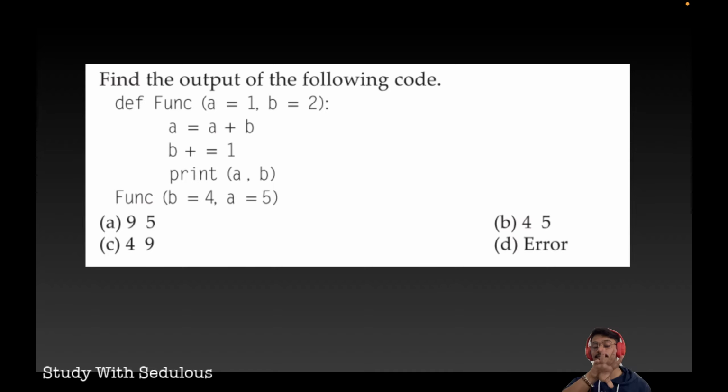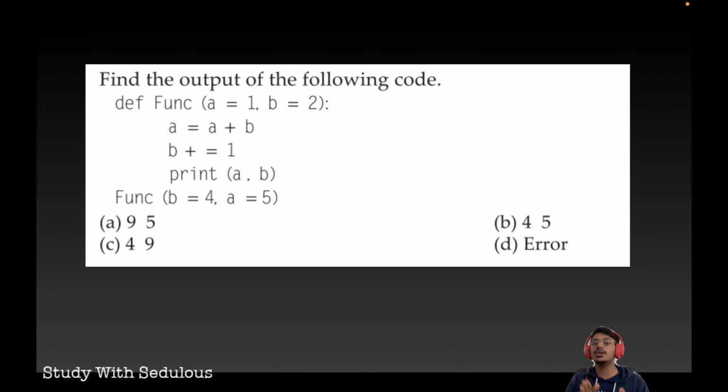Now a is a plus b, so a would be 4 plus 5, 9. And b is equal to b plus 1. B plus equal to 1 means b is equal to b plus 1.